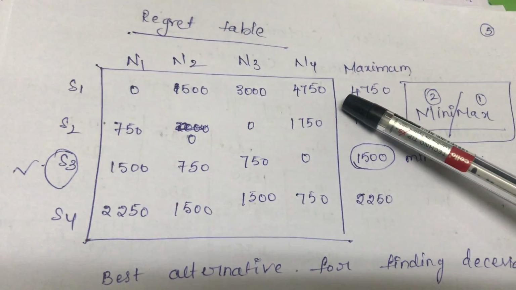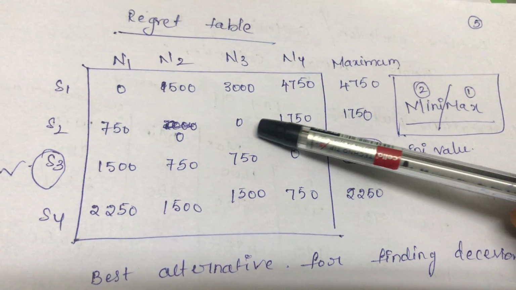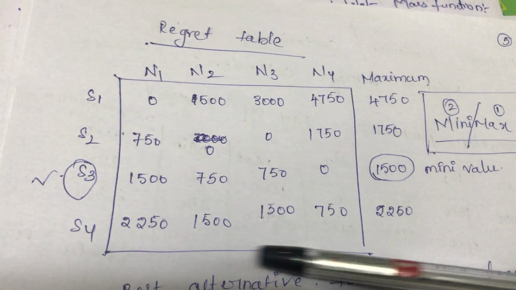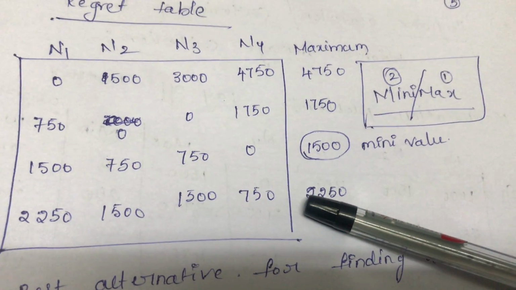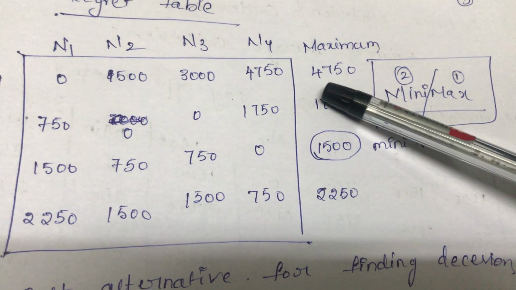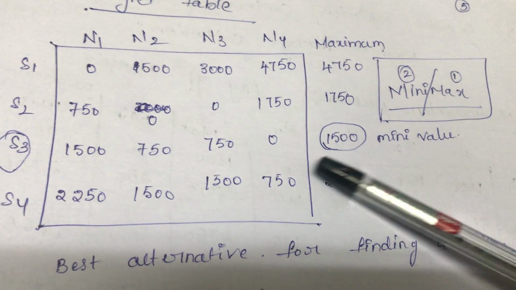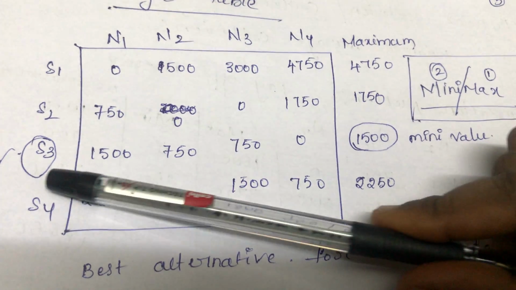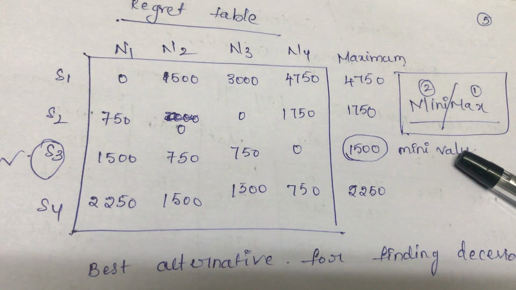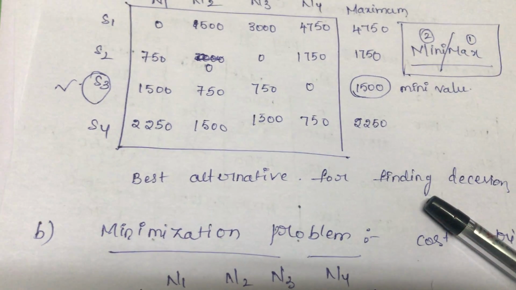First row maximum value is 4750, second row maximum value is 1750, third row maximum value is 1500, fourth row maximum value is 2250. Step 2, we have to find the minimum value. Select the minimum value from all these. 1500 is the best, which corresponds to strategy 3. Alternative S3 is the best alternative for making a decision.